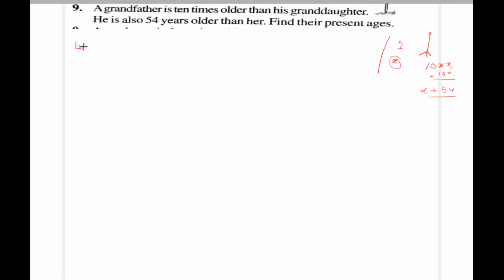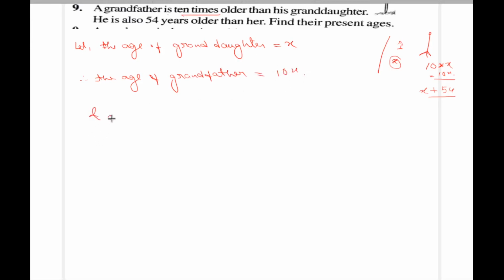Let the age of granddaughter equal x. Therefore, the age of grandfather equals 10 times, so that means 10x.